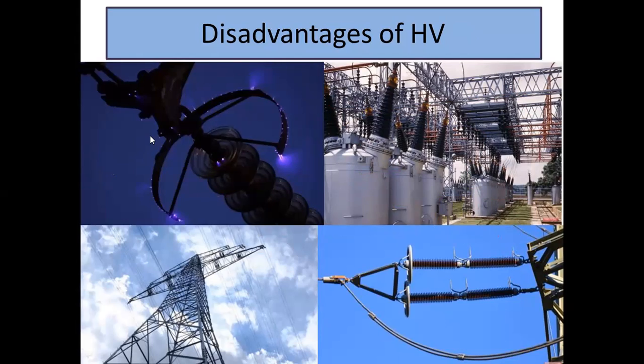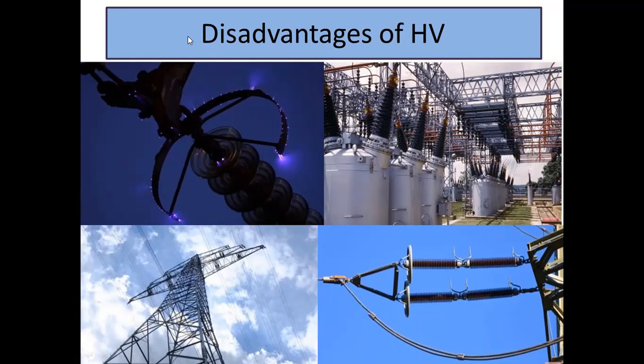This is not the coronavirus, but the corona losses, and electrical engineers are familiar with these losses. So we will discuss these corona losses in detail. We have an entire chapter for the corona losses.